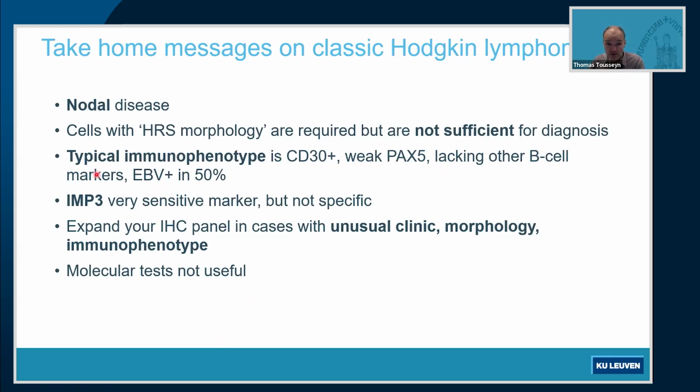IMP3 is a very useful marker, very sensitive, however non-specific. You need to work up your case further in cases where you see unusual clinic, like no nodal involvement, unusual morphology, or unusual immunophenotype, and I illustrated these cases. And molecular tests are not useful.